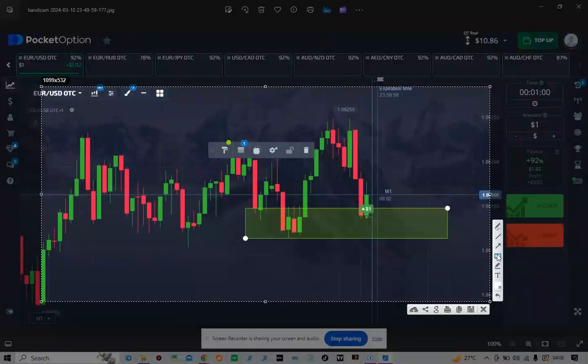Remember this last red candle before this consolidation. This last red candle is the supply engulfed. You can see the buyers engulf this red candle to the upside.